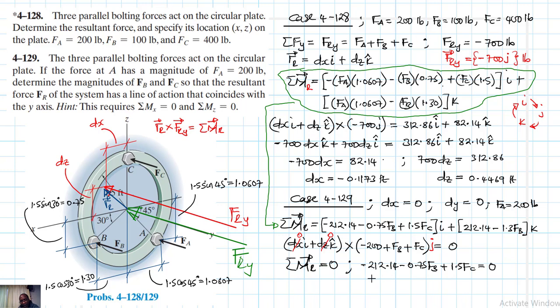And the other equation is 212.14 minus 1.3 FB is also going to be equal to 0 in the z-axis. So we can work out FB: FB will be equal to 212.14 divided by 1.3, and we get FB as 163.18.